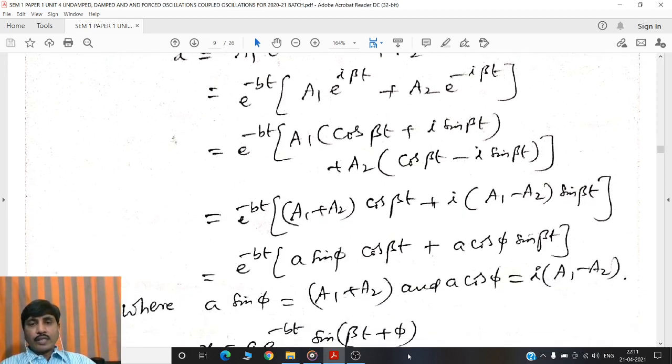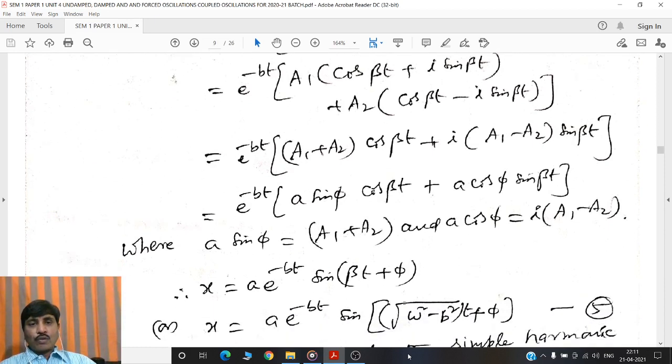On expanding this equation, we get x is equal to e power minus bt into a1 into cos beta t plus i sin beta t plus a2 into cos beta t minus i sin beta t, that is equal to e power minus bt into a1 plus a2 into cos beta t plus i into a1 minus a2 into sin beta t, that is equal to e power minus bt into a sin phi cos beta t plus a cos phi sin beta t, where a sin phi is equal to a1 plus a2 and a cos phi is equal to i into a1 minus a2.